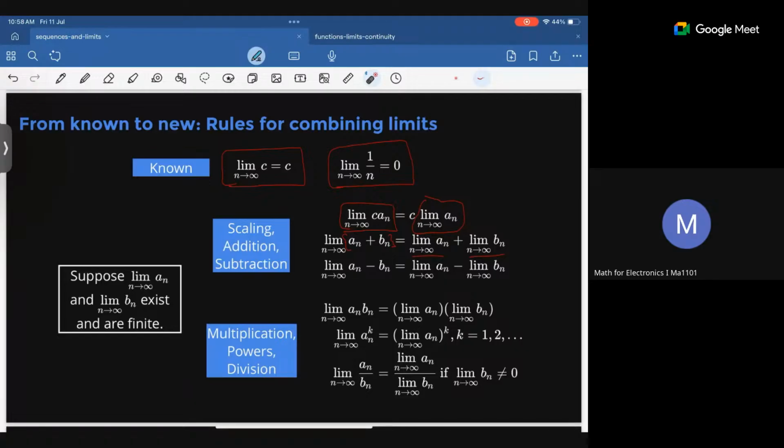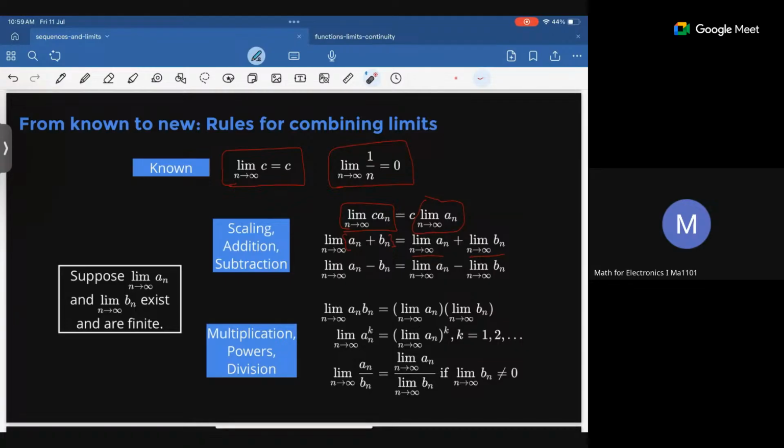And for division, if I take the ratio of two terms an and bn and compute the limit as n tends to infinity, it is the same as taking the ratio of the limit of an and the limit of bn. One care you should take is that the denominator should not be equal to 0. And there are some more carefulness required when we are dealing with infinity and 0 kinds of cases.